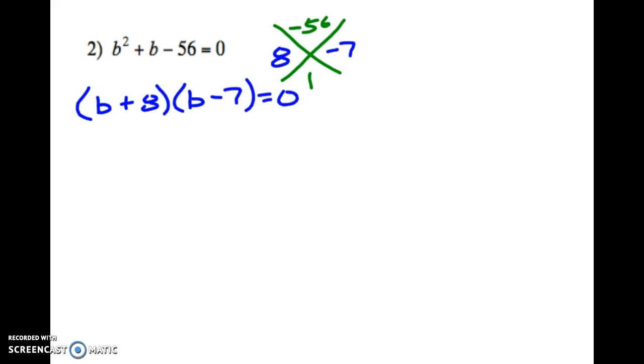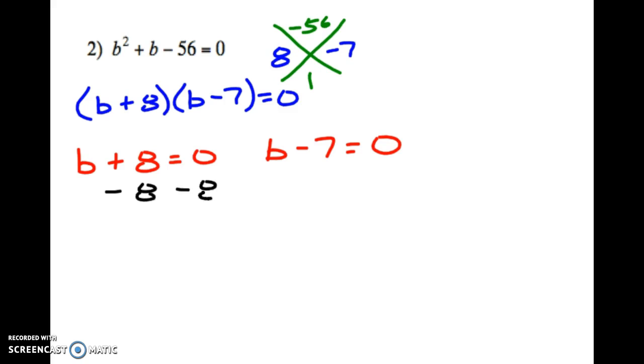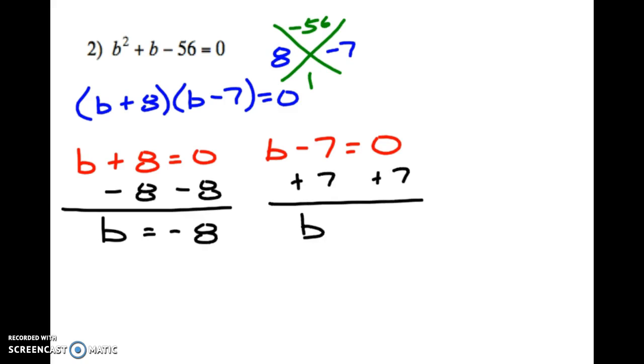Once again, we then set each part individually equal to 0 to come up with our answers. So in the first case, we'll subtract the 8 and get negative 8. Second case, we're going to add the 7, and we'll get b equals 7.